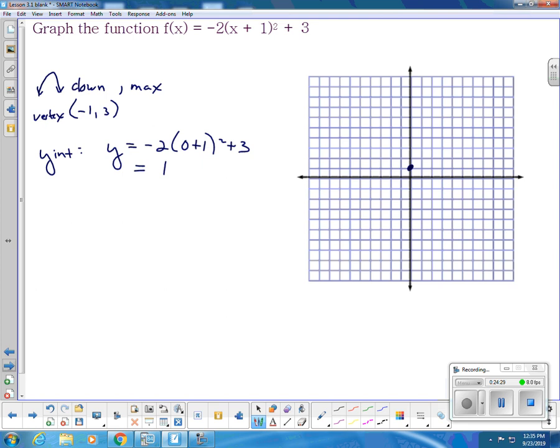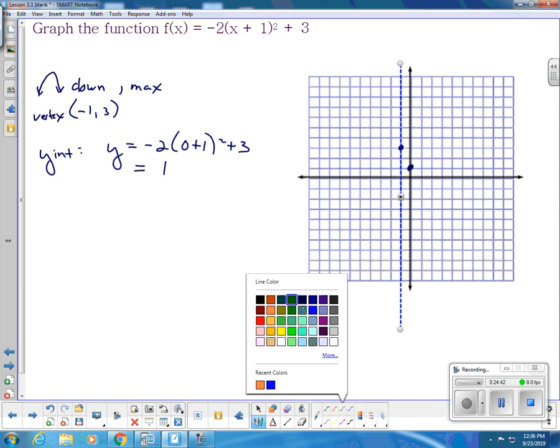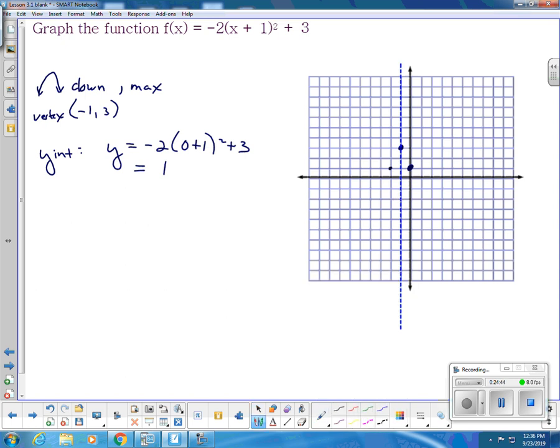The vertex is -1, 3. My axis of symmetry. And I can do my reflection point, as that's wide enough that you could sketch a graph without the x-intercepts. You're still going to find the x-intercepts, but you can see that we can do that.